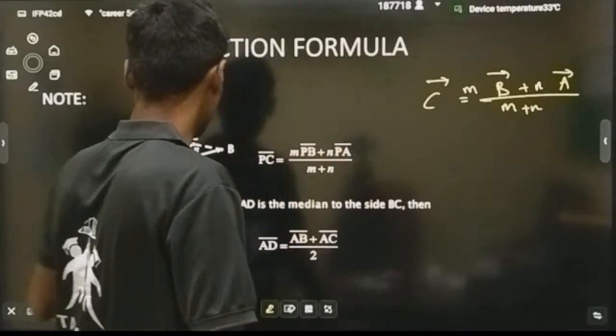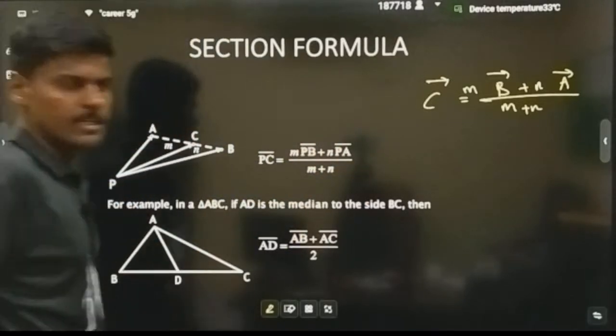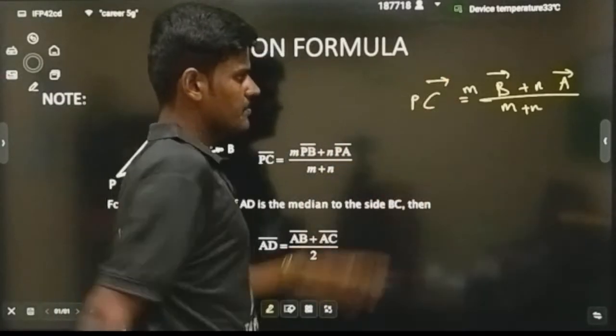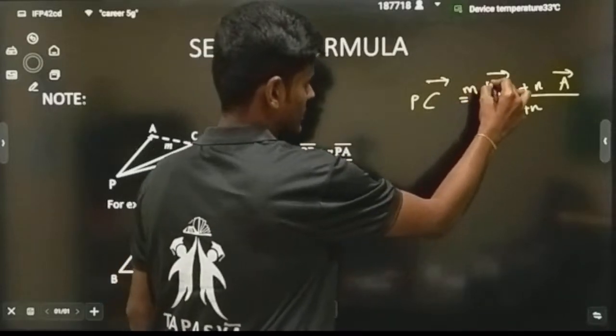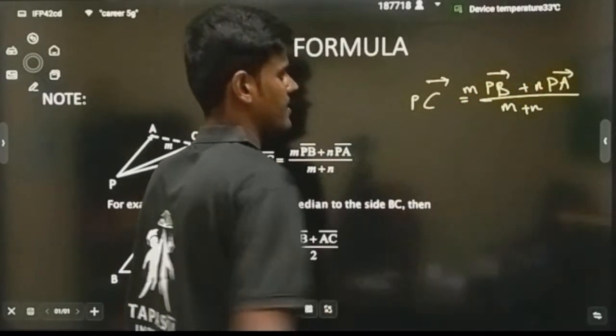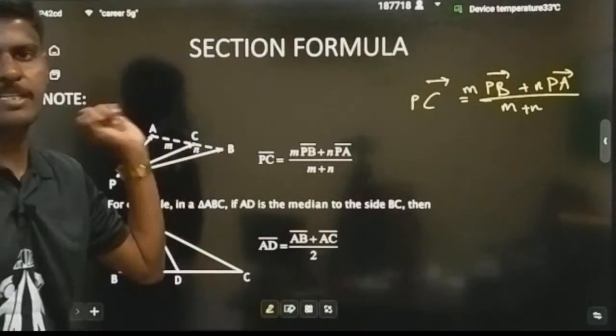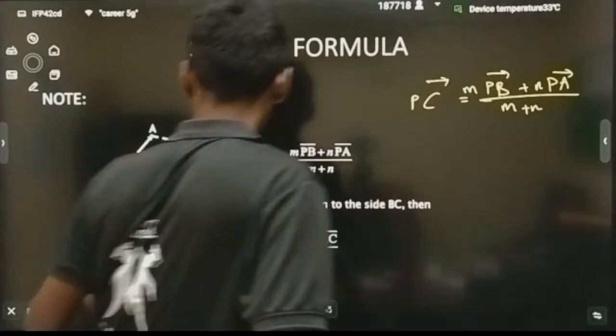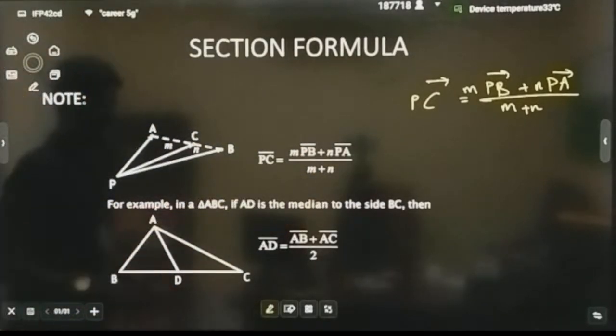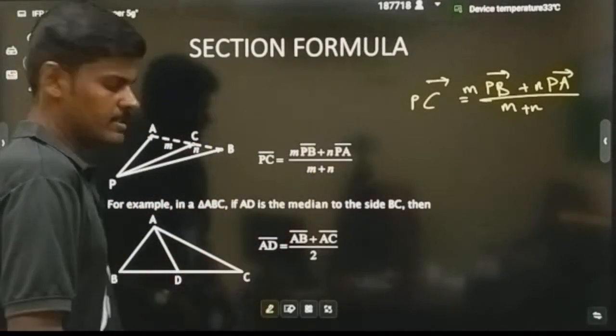But here, with respect to what is the initial point? P. So write P here. PC vector is equal to M into PB vector plus N into PA vector by M plus N. This is the easiest way to remember this. Similarly here, AD is the median. Median means midpoint.